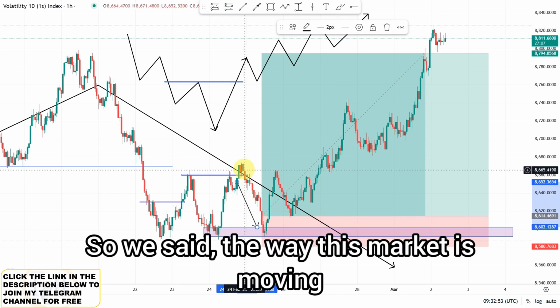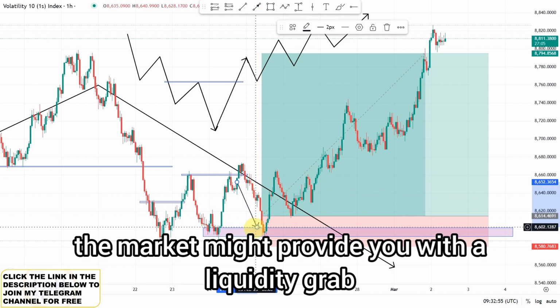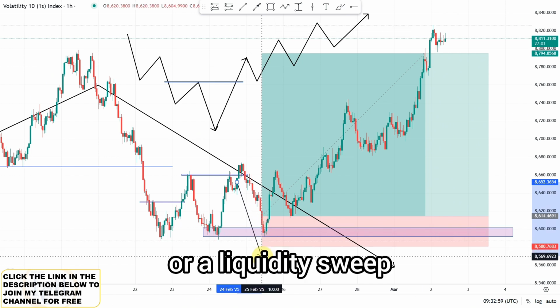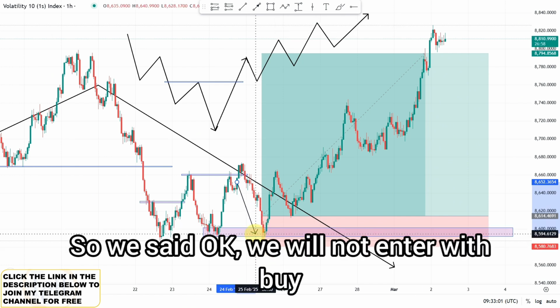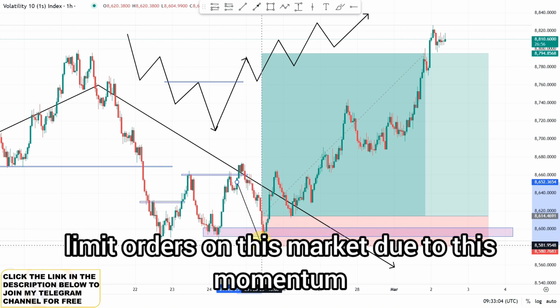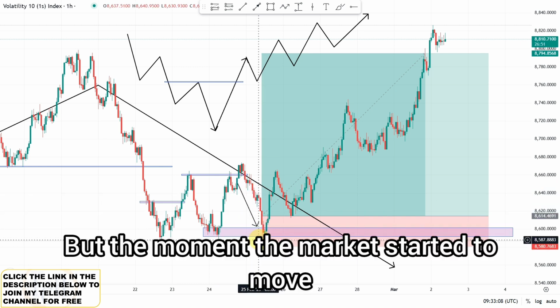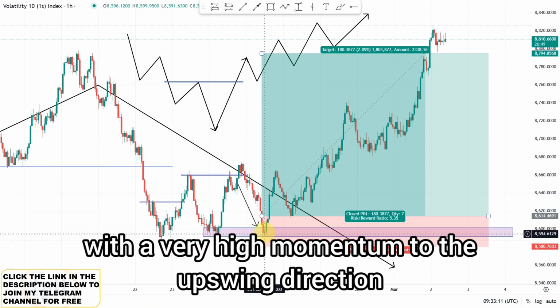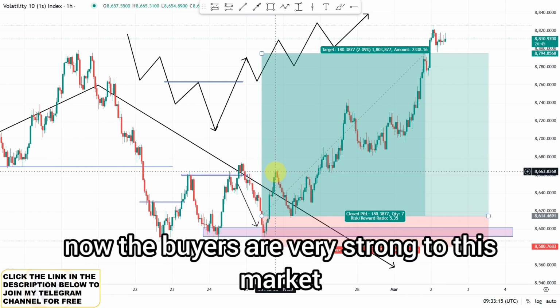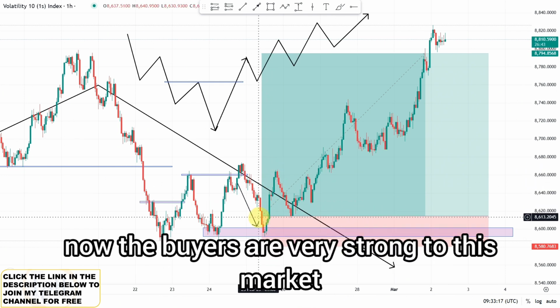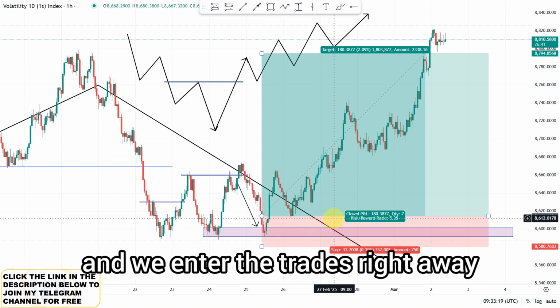So we said, the way this market is moving, the market might provide you with a liquidity grab or a liquidity sweep, so we will not enter with buy limit orders due to this momentum. But the moment the market started to move with very high momentum to the upside, we said to ourselves, okay, now the buyers are very strong in this market, and we entered the trades right away.